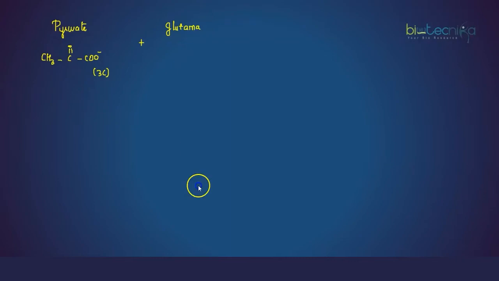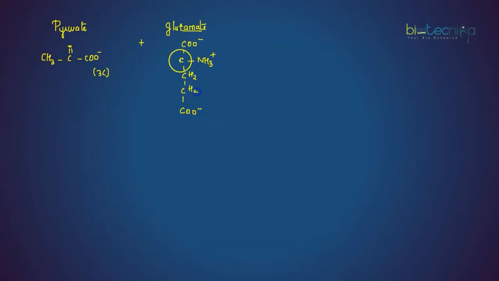So this is going to combine with a glutamate molecule, and it's going to be a 5 carbon compound: 2, 3, 4 and 5, and COO minus is here, COO minus, and then on the second carbon there is an amine group. And the rest of the things you just have to valence.